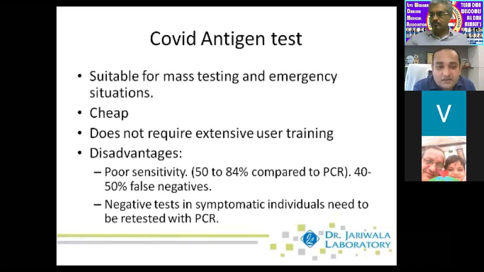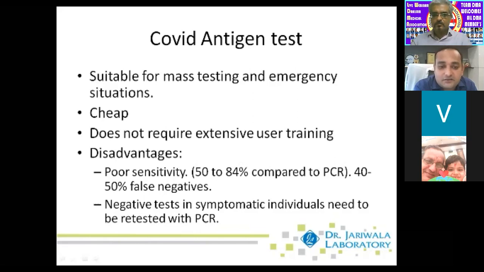However, the major disadvantage of this test is the poor sensitivity of the test. Now, we are all aware that the sensitivity of the RT-PCR test is around 80%. The antigen test is 50 to 84% compared to PCR. So when we hold PCR as 100%, the antigen test is going to give you only 50 to 84% sensitivity, which means that there is a possibility of 40 to 50% false negatives with the antigen test.